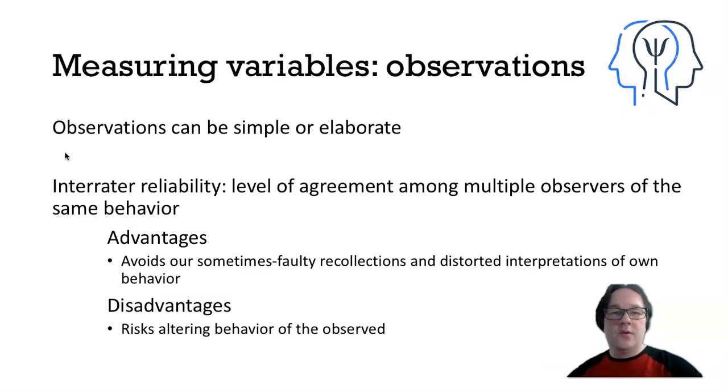In my methods course as an undergrad, we did an observational study just to see if people would be more or less likely to hold the door open for members of their own sex or the opposite sex. So one of the big things that we had to do was operationally define holding a door open. What does that actually mean, right?